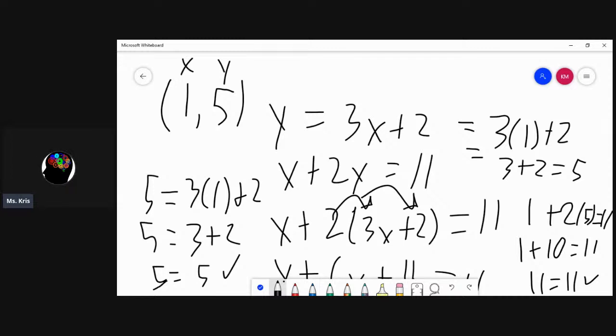Both answers check out. Therefore, solving my linear system by substitution worked because I was able to substitute successfully, find both my x and my y, and check it by plugging both numbers back into both equations. And since both equations were able to equal out, they meet at (1, 5).